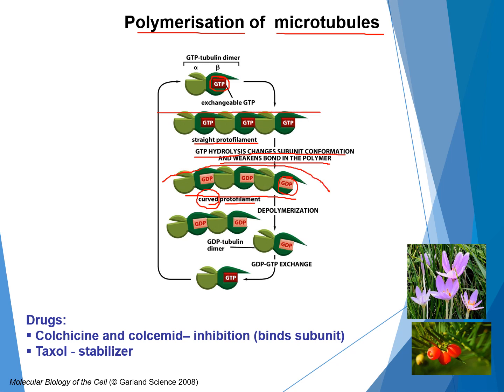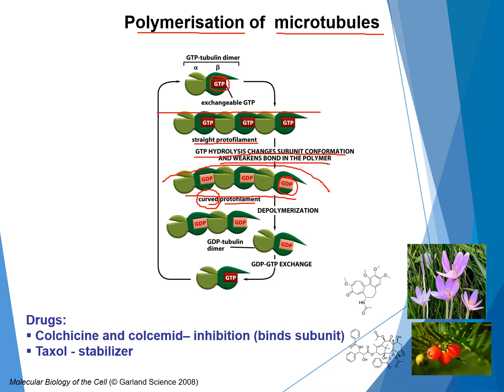It curves because of the twist of the protein structure in the beta tubulin. So it will cause the alpha and beta tubulin, or these tubulin dimers, to turn and form a tube-shaped structure.